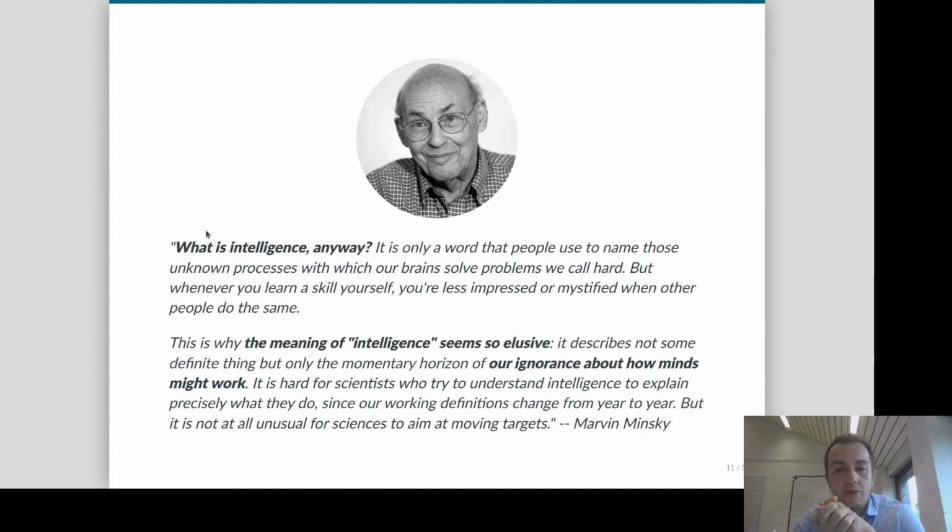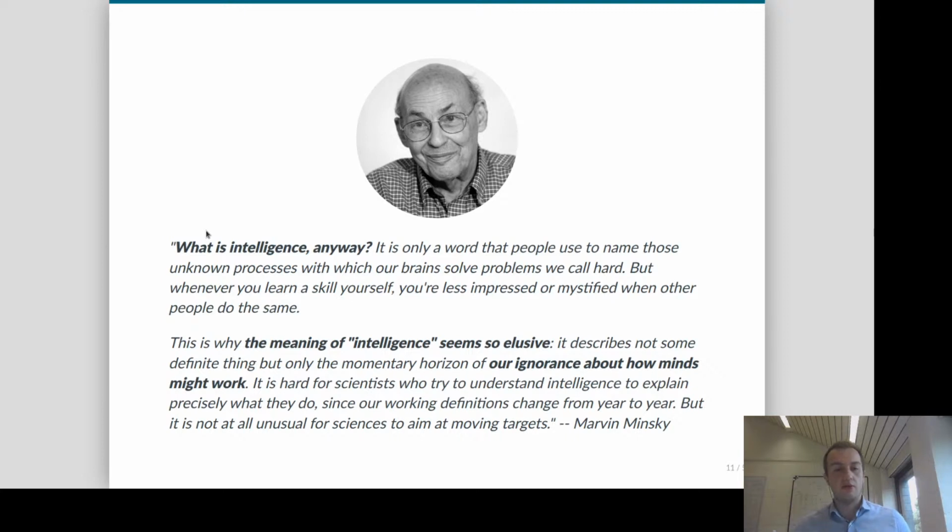If you push this argument further, there is a quote from Marvin Minsky, a computer scientist famous for his work on AI. He said: when you think about it, what is intelligence anyway? It's only a word that people use to name those unknown processes with which our brains solve problems we call hard. But whenever you learn a skill yourself, you are usually less impressed or mystified when other people do the same.